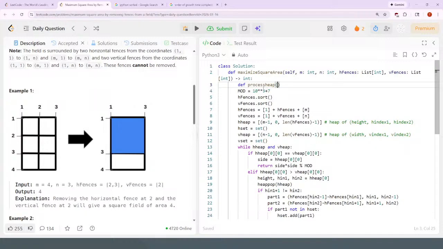I guess I need to pass in the heap and then pass in the set and pass in the array. Heap, set. I need a variable for the set. Man, I'm blanking out. H, S, and T for heap, set, and array?